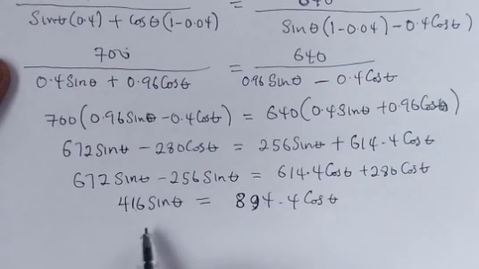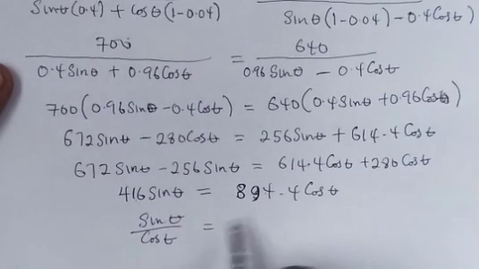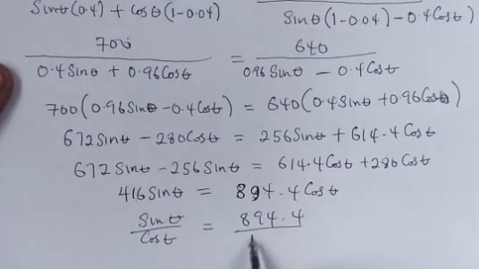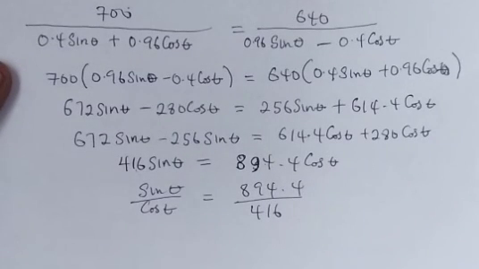By the time you do your normal mathematics here, this 416 will come here, so we have sine theta over cos theta is equals to 894.4 over 416. So the long run divided by 416, we'll be having 2.15, and sine theta over cos theta is what?